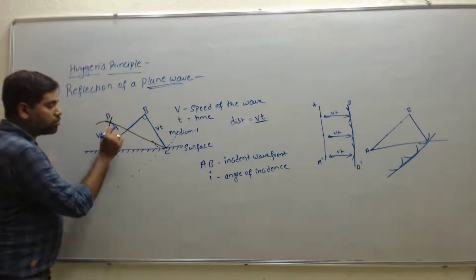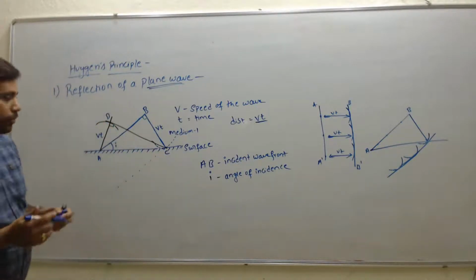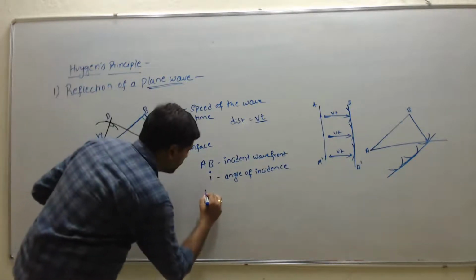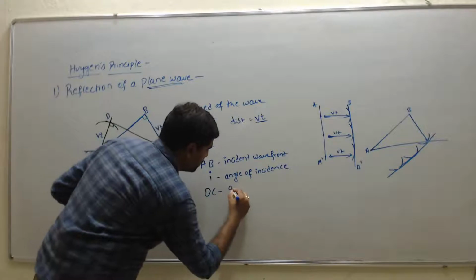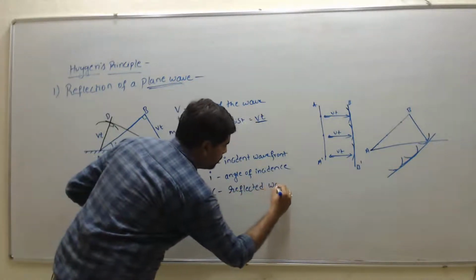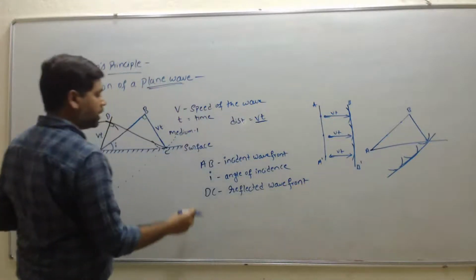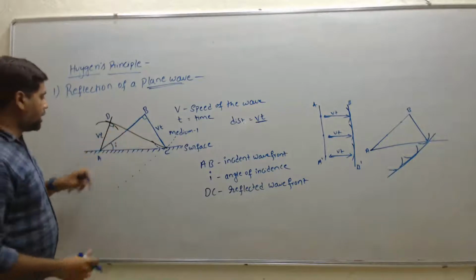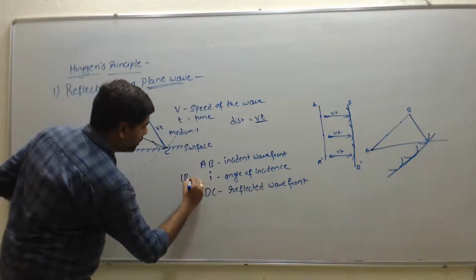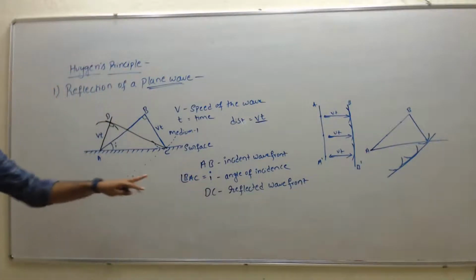From that we draw one tangent to meet the point C. Then DC represents the reflected wavefront, right? So angle BAC is equal to the angle of incidence I.